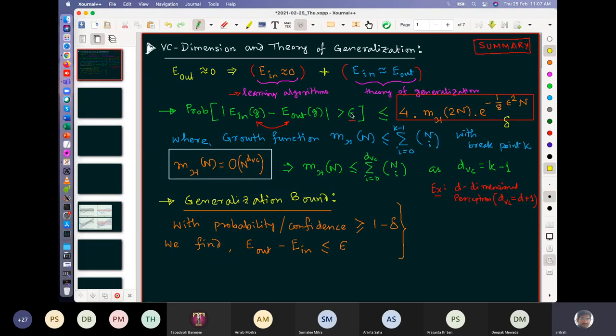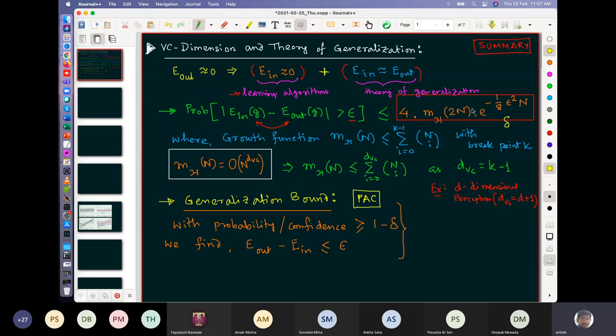Probability of this less than or equal to delta is nothing but 1 minus probability of this. That means this sign becomes greater than or equal to. And we say that this is nothing but the concept of probably approximately correct learning.